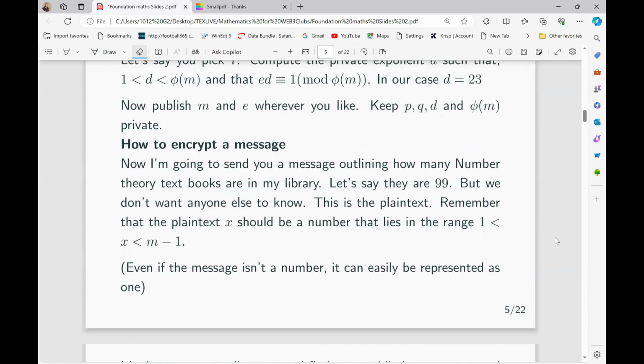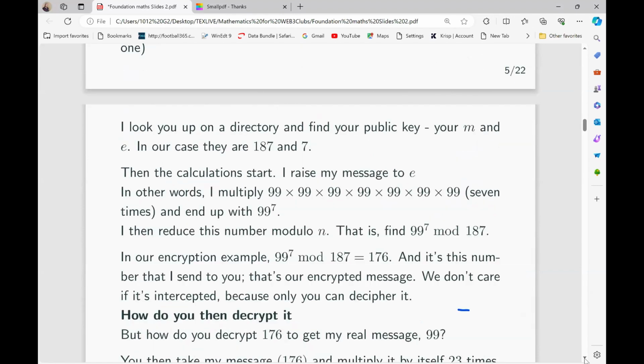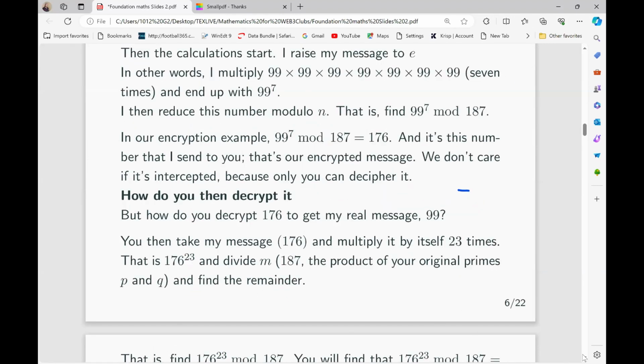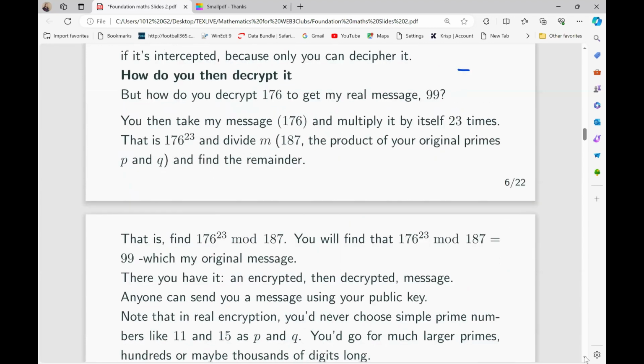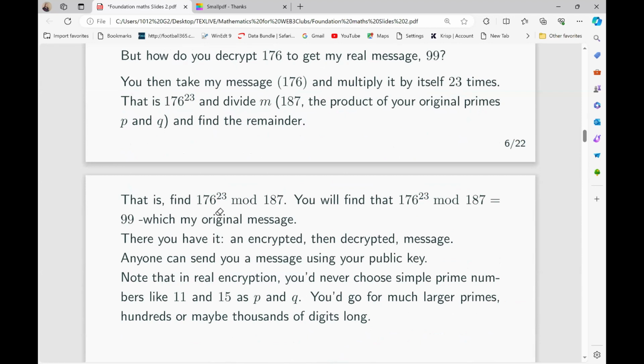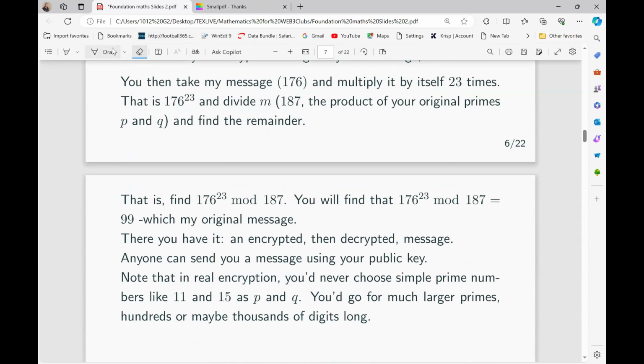So when you get my 176, raise it to 23 and use the fast powering algorithm, mod 187. So that is what I did. And when you do that, you would get my message, which was 99.